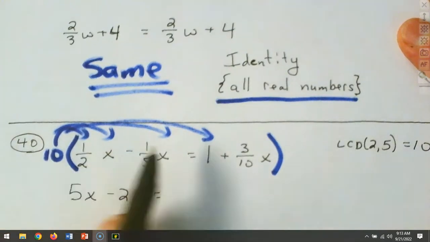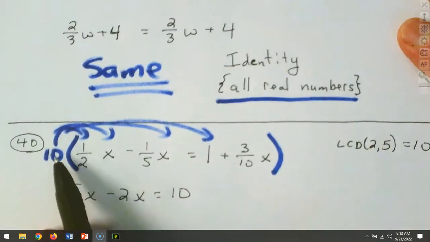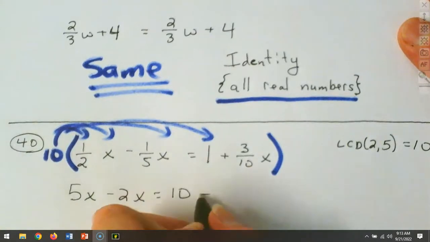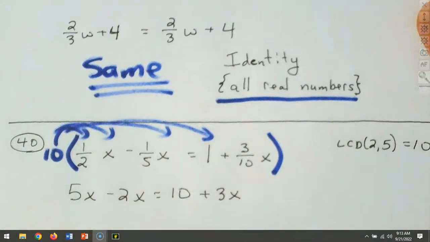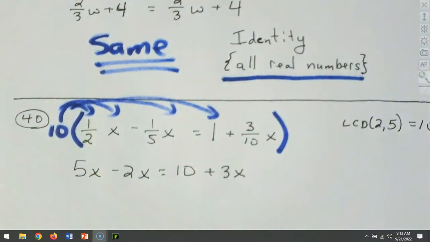Then we've got 10 times 1, that makes it a 10. 10 and the 10 below, those cancel, and that leaves you with a plus 3x. Is everyone okay with that so far?